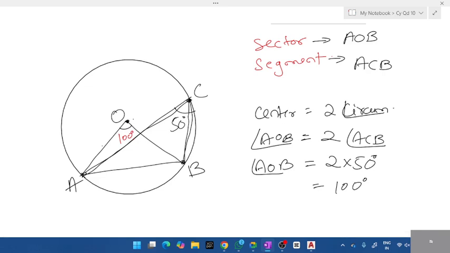See, remember this, students, angle subtended. Look at page number 280. All of you open page 280. Can you see the first thing given?